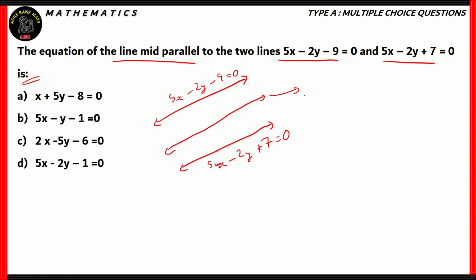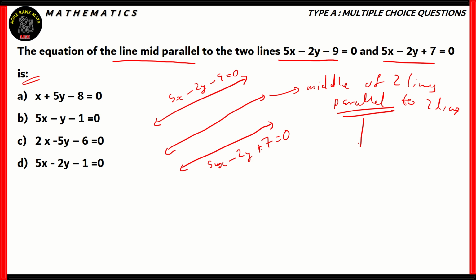Now the thing about this line is it's at the middle of the two lines, and it's parallel to the two lines. Now, we're not interested if it's in the middle or if it's to the sides. What we are interested in is the fact that it's parallel.